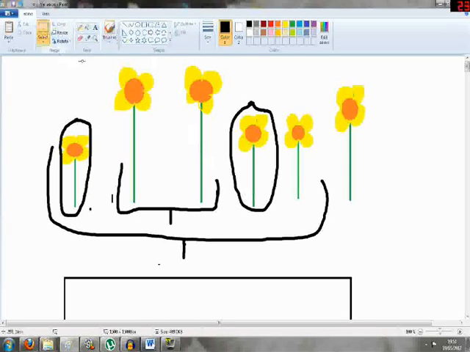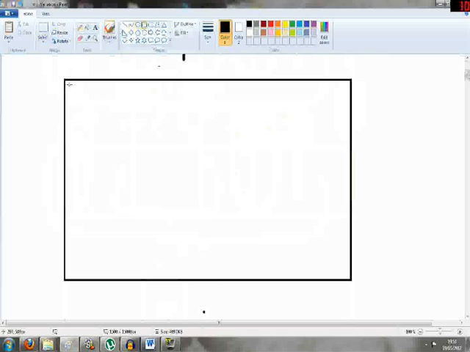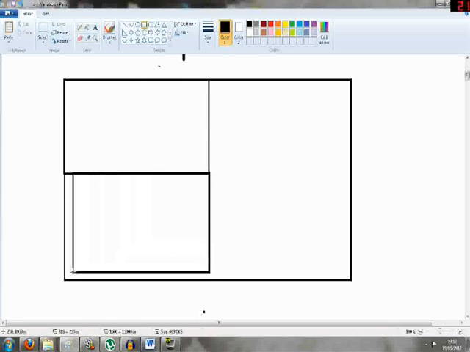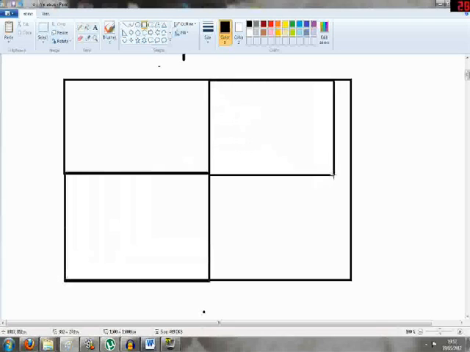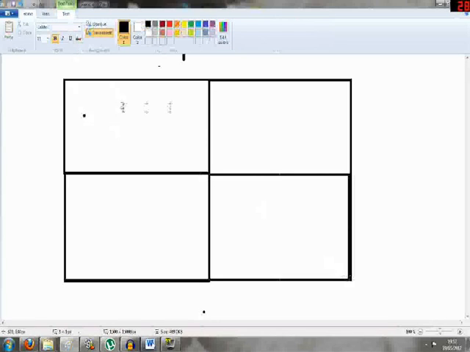Now, in order to counter sample bias, you can use random sampling, and an example of this is to take an area of land, say you were measuring stem sizes of plants, and you split the land into a grid of even size squares, and you assign a number to each of these squares.